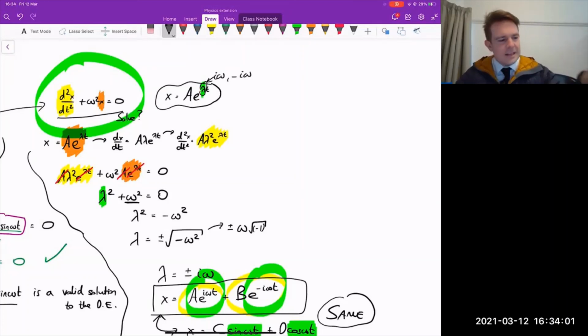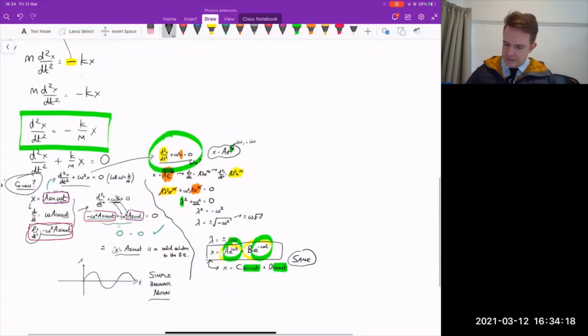If that didn't convince you of the reality and importance of complex numbers, then nothing will. So remember that next time someone says to you, oh, the square root of minus 1, it doesn't exist.